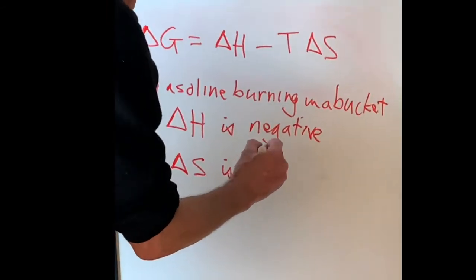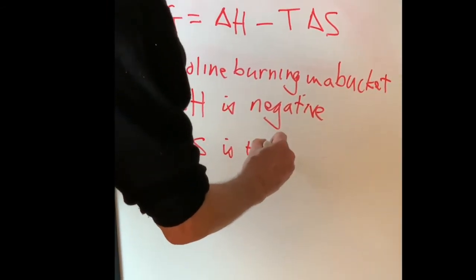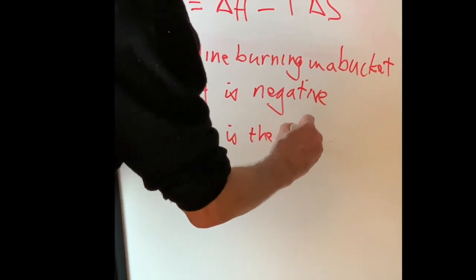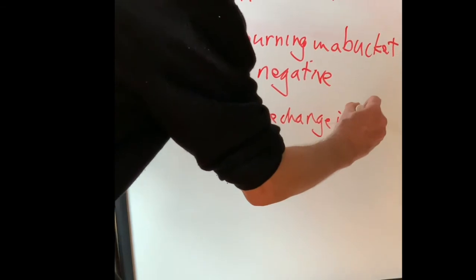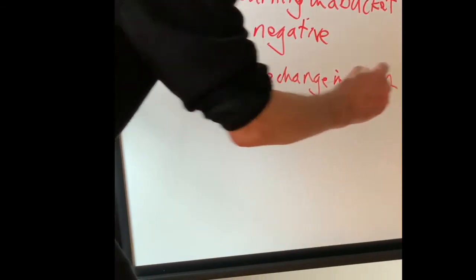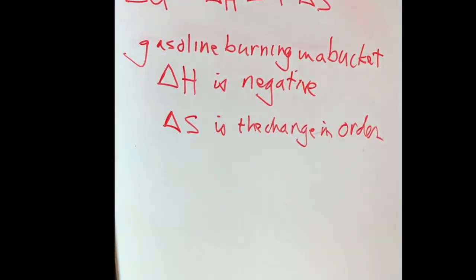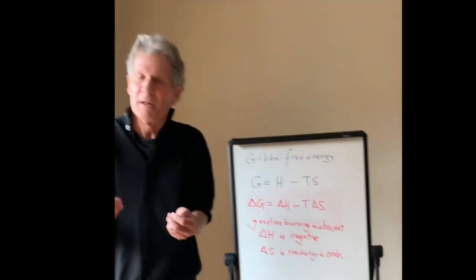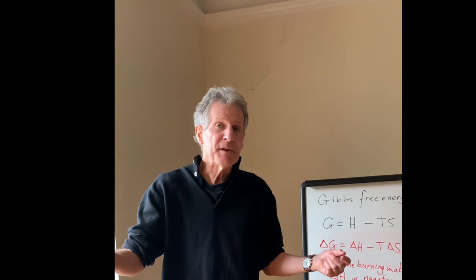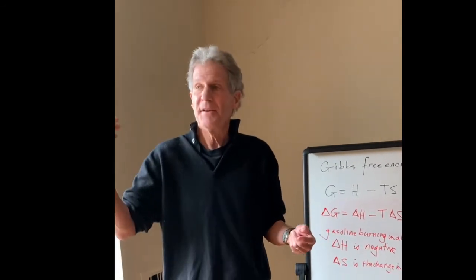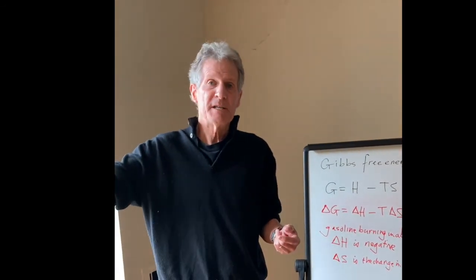is, let's say, the change in order. Well, the gasoline, when it's packed together in a liquid, all the molecules, all the atoms are really quite close to each other. After the reaction, the molecules are separate.